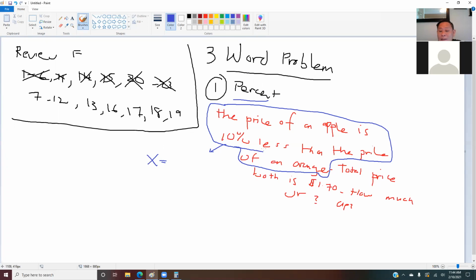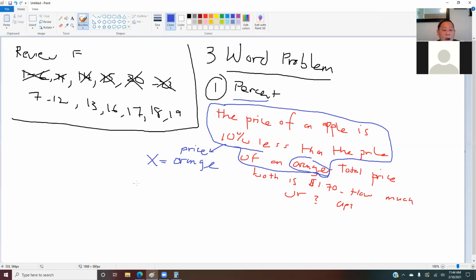If you read this sentence, which comes at the end, the price of the apple or the price of an orange? The one that comes at the very end of that sentence. Orange? Yes, this is orange. This is the price of an orange.